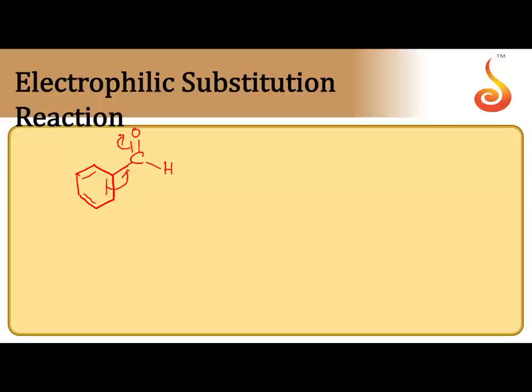Here the pi electron pair is shifted onto the benzene ring. So the CHO group is acting as an electron withdrawing group by the minus R effect. Like this, the electron density present on the benzene ring is decreased. It is taken by CHO.